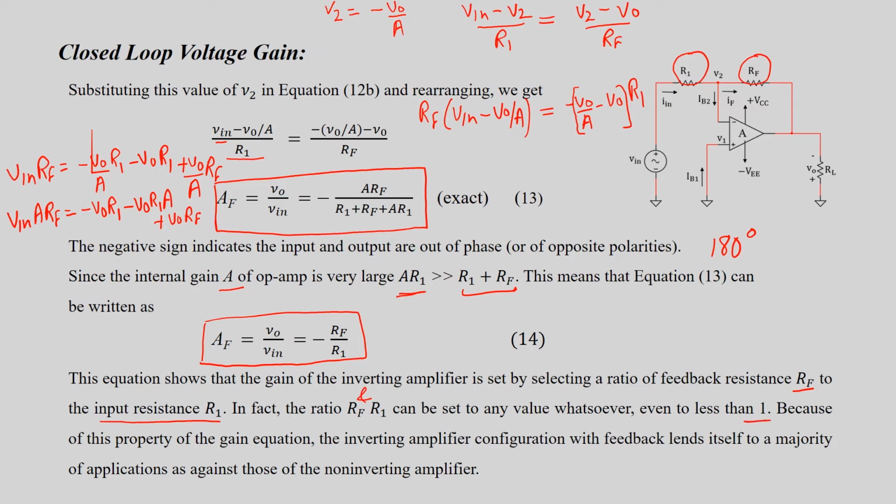So in case of voltage series feedback amplifier, the minimum gain was 1, but here we can set it less than 1. Because of this property of gain equation, the inverting amplifier configuration with feedback lends itself to a majority of applications as against those of the non-inverting amplifier.